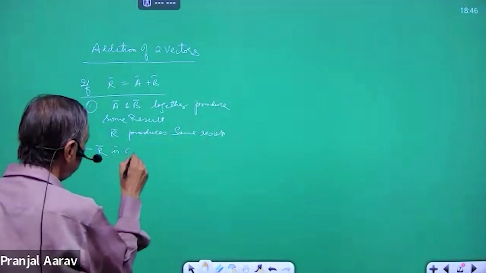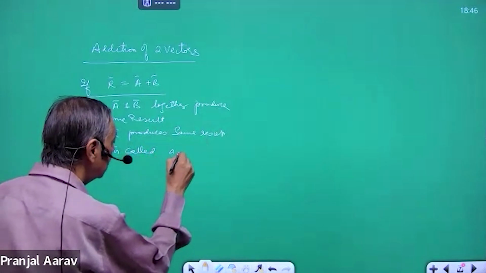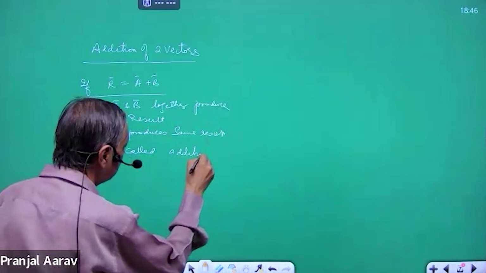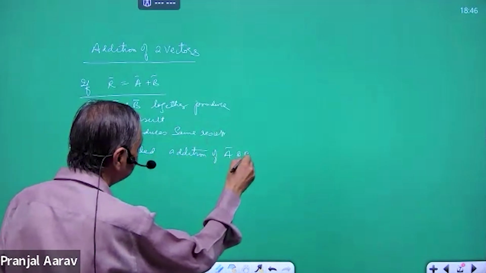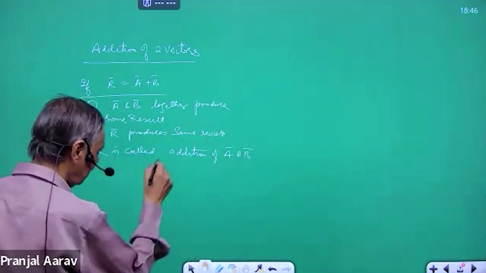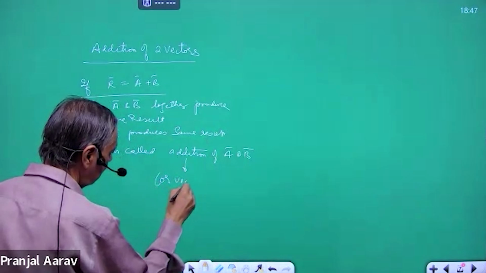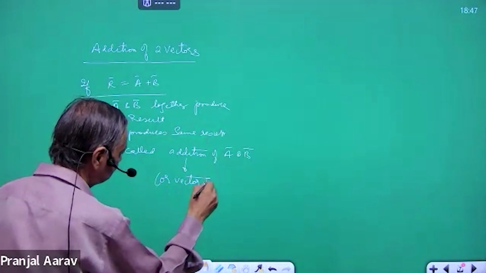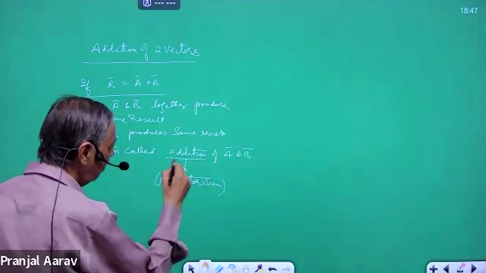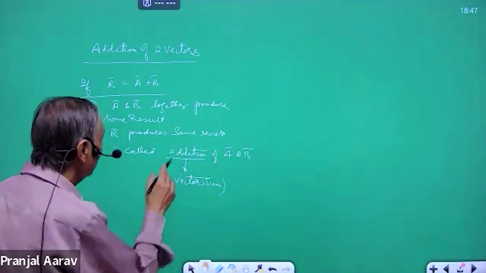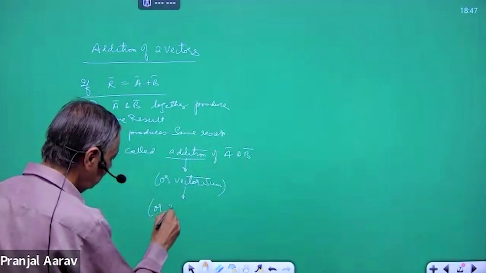R is called addition of A and B, or vector sum of A and B, or resultant of A and B.